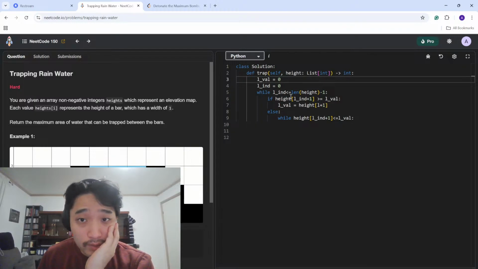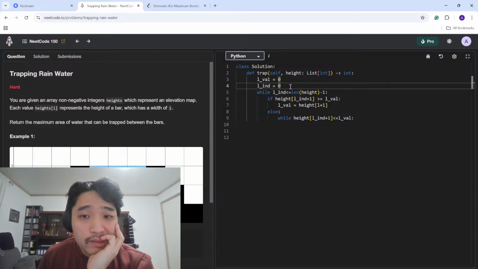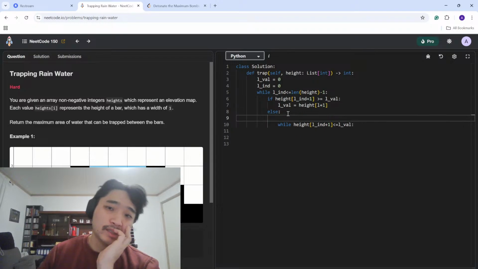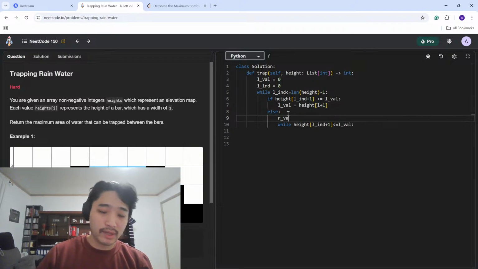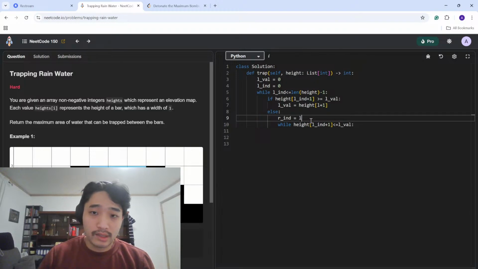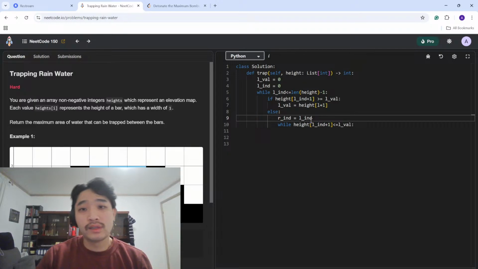Okay, so while, now we set R as a temp val. No, I don't need R equals to L end plus 1.